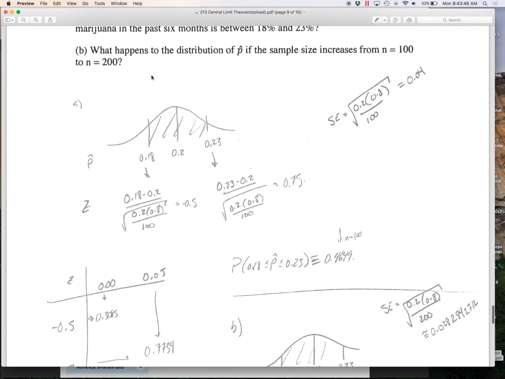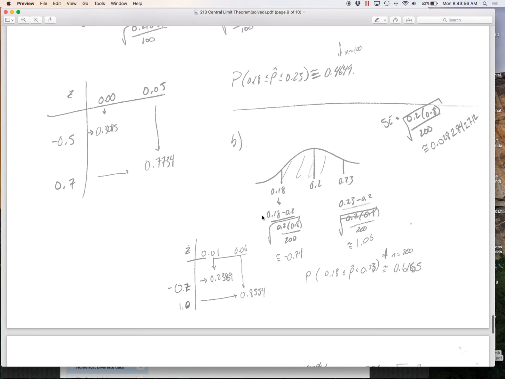Okay, so B says, what happens to the sampling distribution of p hat if I change the sample size from 100 to 200? Everything remains the same formula-wise, except that in the denominator I used to have 100, and now I'm putting 200. As you can see, my z-scores do change.